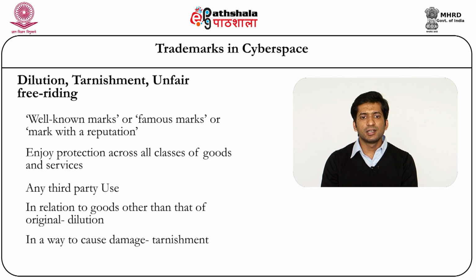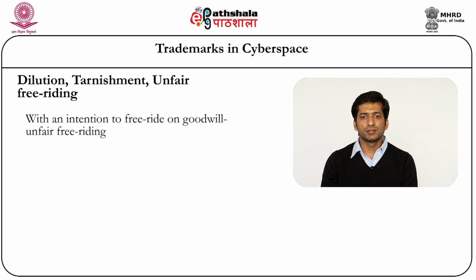And finally, if the third party uses the trademark with respect to any goods or services with an intention to free ride on the goodwill of the original proprietor, then it would be called trademark infringement by unfair free riding, or as the French call it, parasitism.